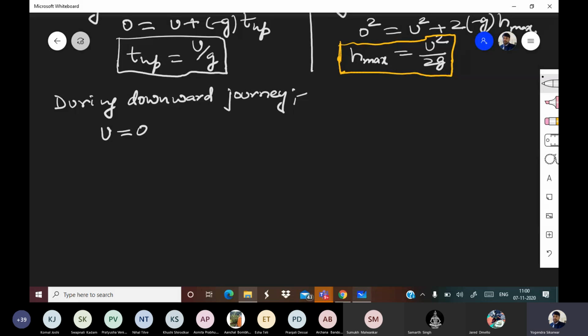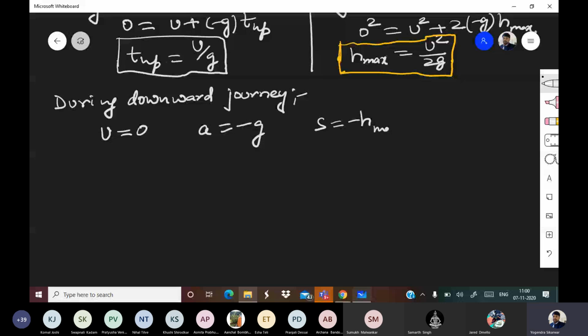So u is equal to 0. a will be minus g because acceleration will be g downward and we have considered vertically upward as positive. Now s is equal to minus of h max.